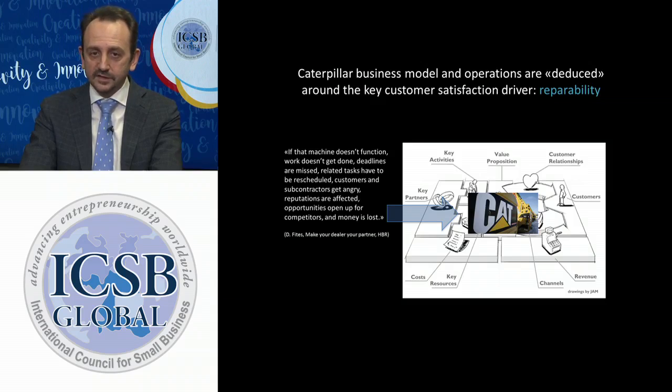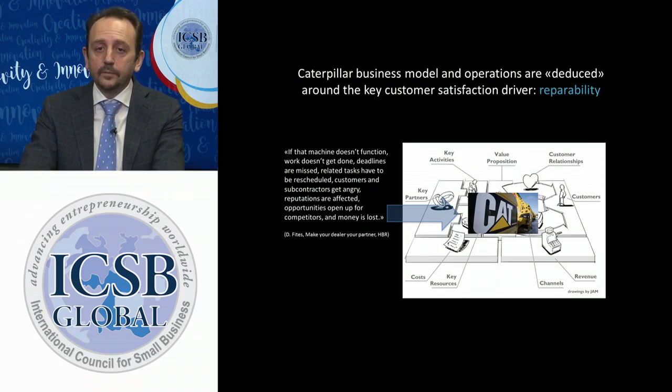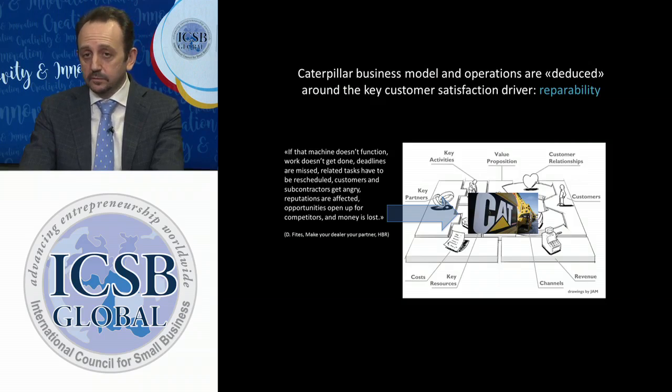This is pretty clear in the citation we have reported on the slide by one former Caterpillar executive. If that machine doesn't work, work doesn't get done, deadlines are missed, related tasks have to be rescheduled, customers and subcontractors get angry, reputations are affected, opportunities open up for competitors, and money is lost. In big projects, for instance, you pay big penalties when you're late.